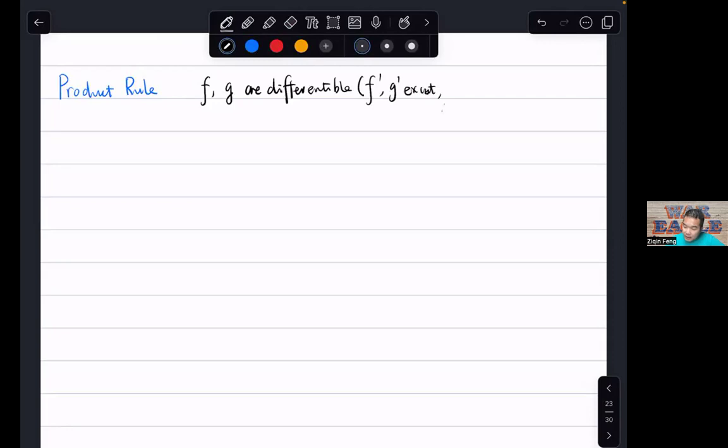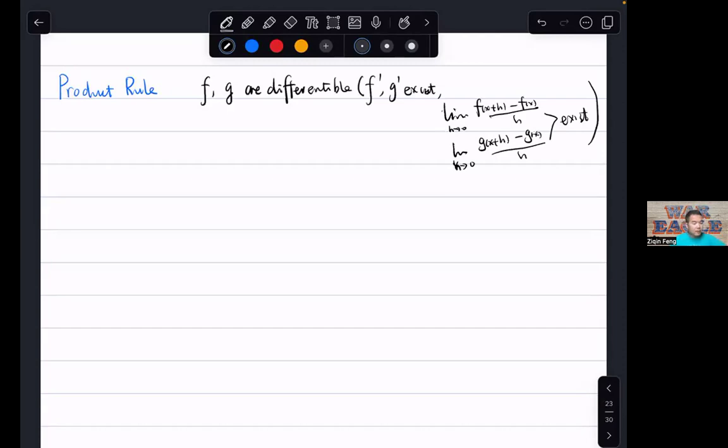It means as h goes to 0, f of x plus h minus f of x over h, and as h goes to 0, g of x plus h minus g of x over h, these two limits exist as finite numbers. That's the meaning of two functions being differentiable.